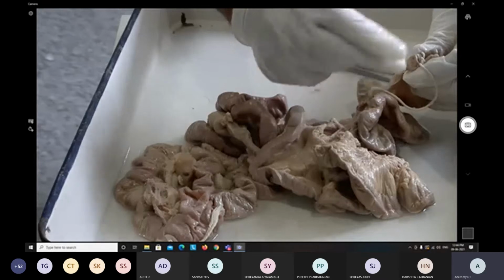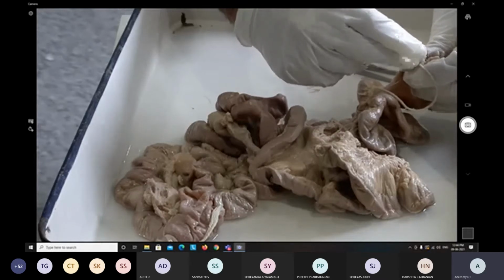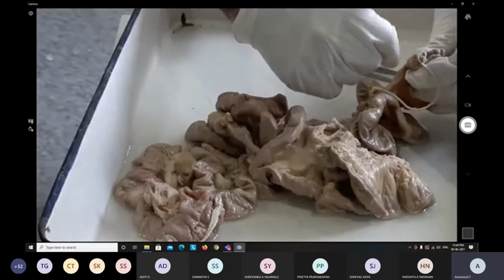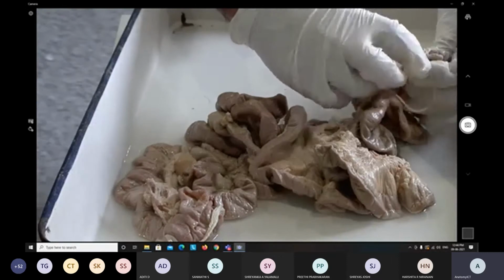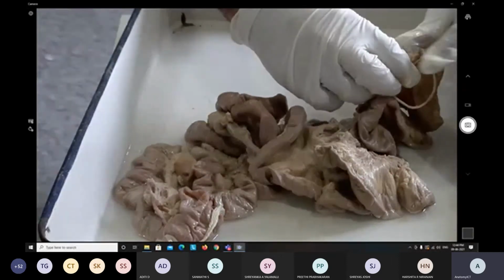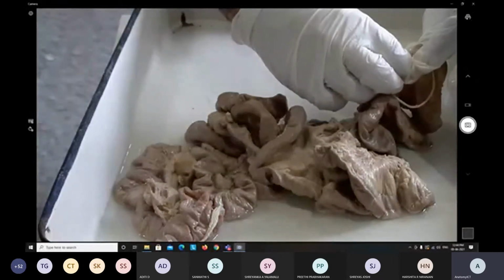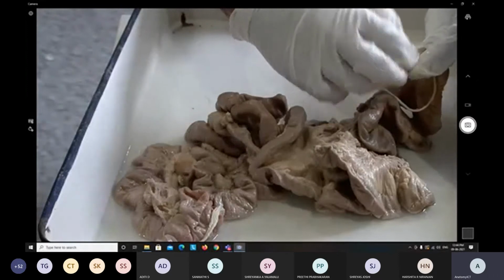To prevent that regurgitation, to prevent fecal matter from entering the small intestine, we have a beautiful valve called the ileocecal valve.